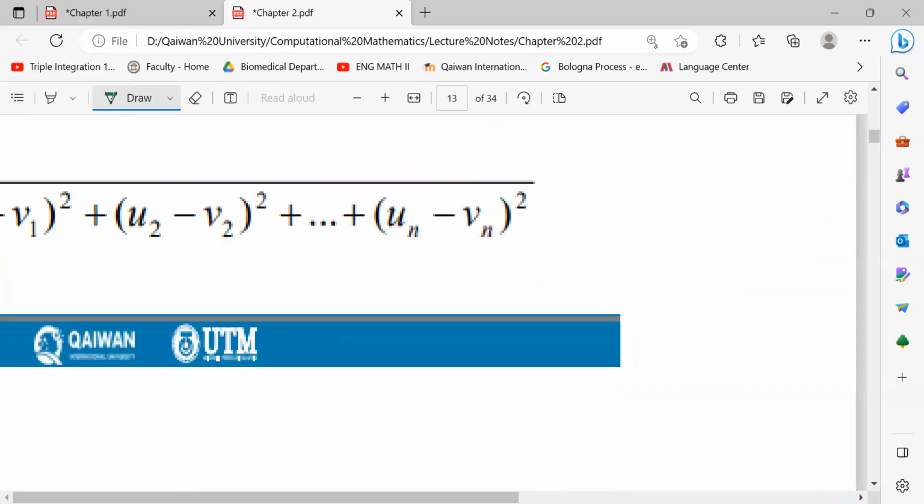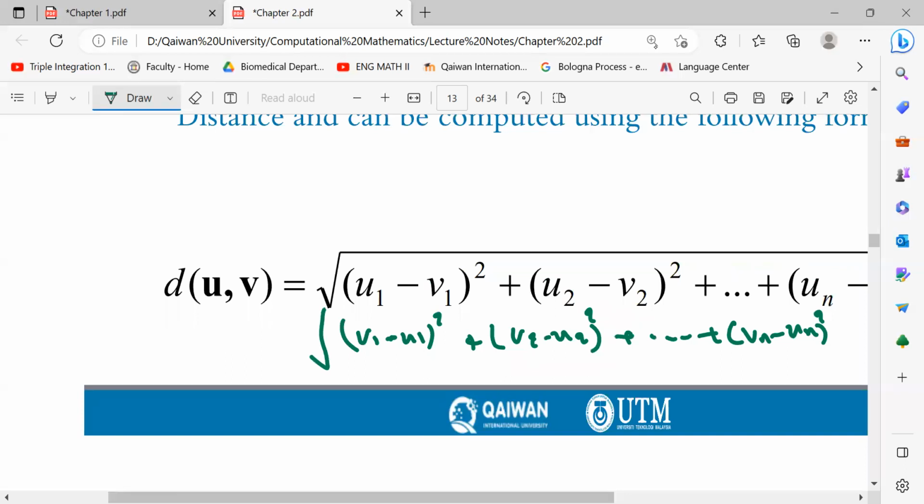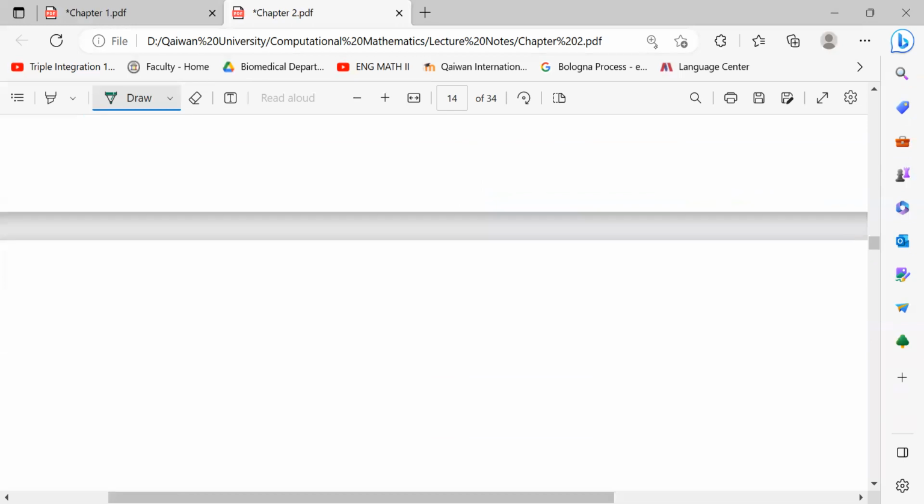And also, you can write it as v1 minus u1 squared plus v2 minus u2 squared plus up to vn minus un squared. In both cases, you get the same result.